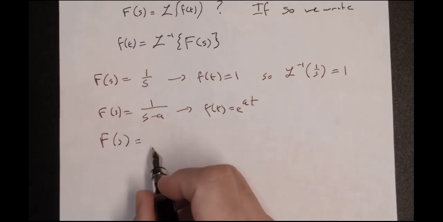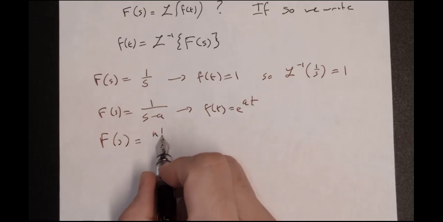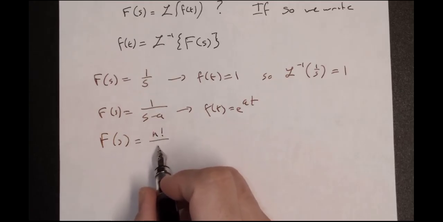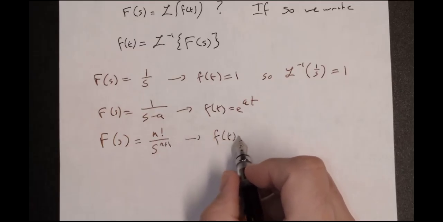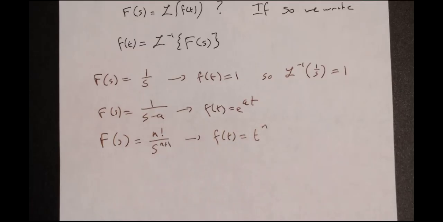F of s was n factorial over s to the n plus 1. That came from t to the n. So when I see results in s that look like these, I know what functions they came out of, what they are the transforms of.